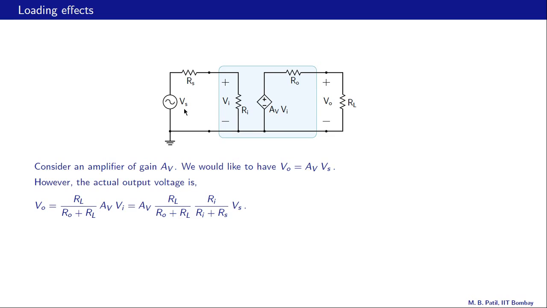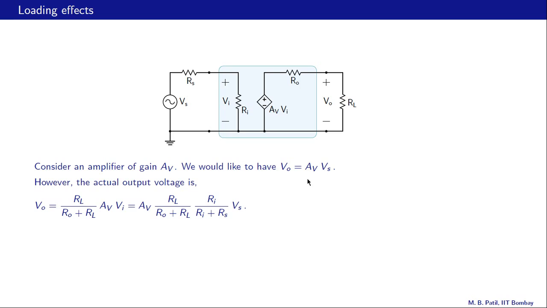So it is Vs times Ri divided by Rs plus Ri. So the net VO is given by this expression here. This is less than 1, this is also less than 1. So this whole gain is not AV but something less than AV, and that is not desirable. What we would really like is VO equal to AV times Vs.